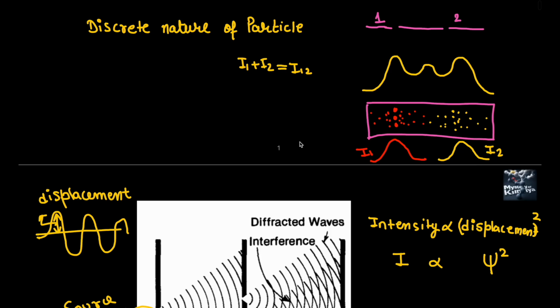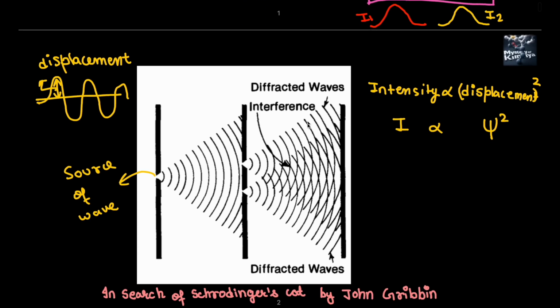But when both the slits are open, then we can see interference occurs, like constructive interference, which increases the intensity in just the middle of this whole screen. So the I12, when both the slits are open, the curve would look like this.